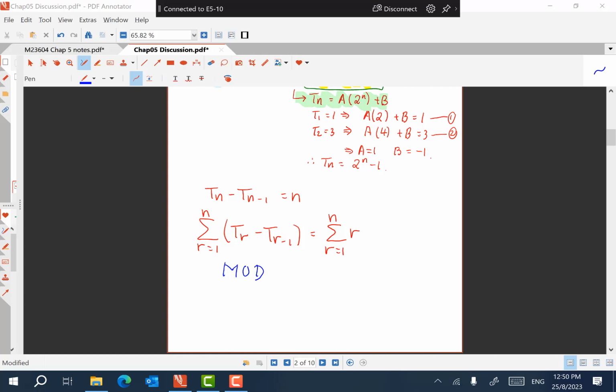Maybe I have an issue, T0. I'm going to get stuck. Okay, I'm stuck, because the way I have written, I have a T0. Okay, we take T0 as 1, it's okay now.